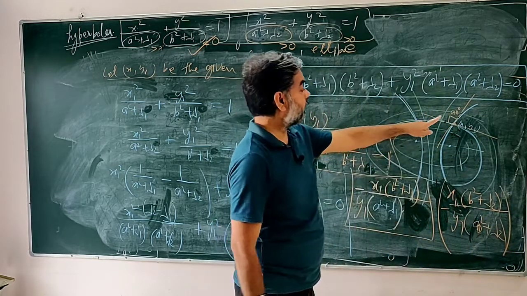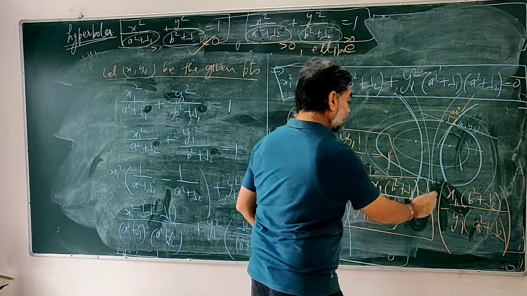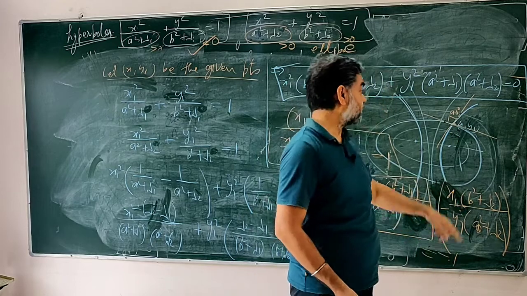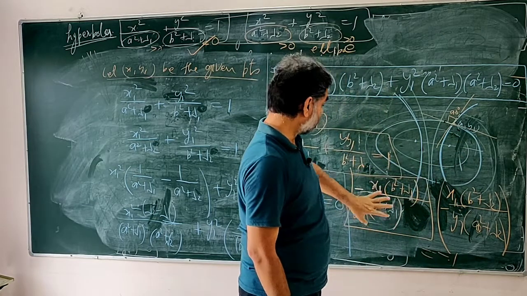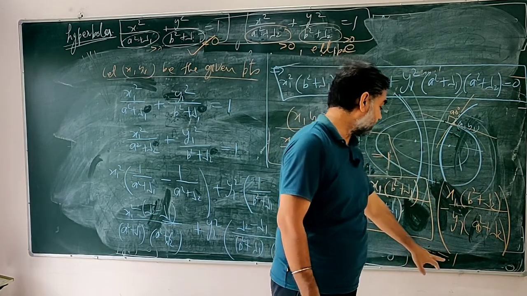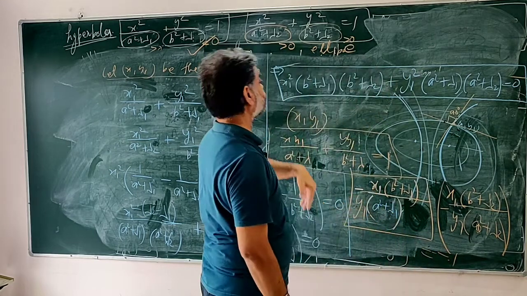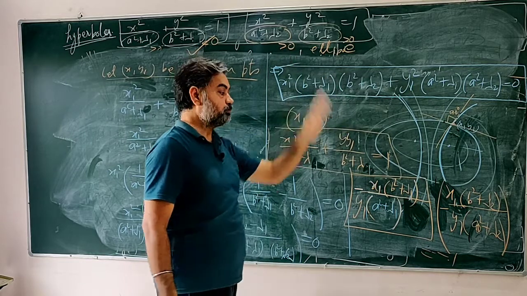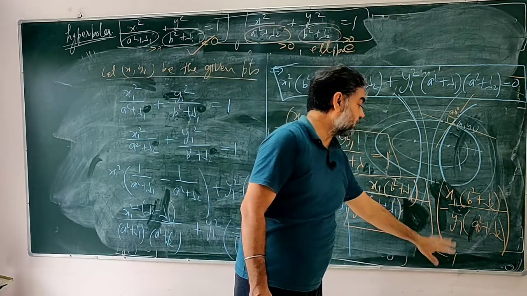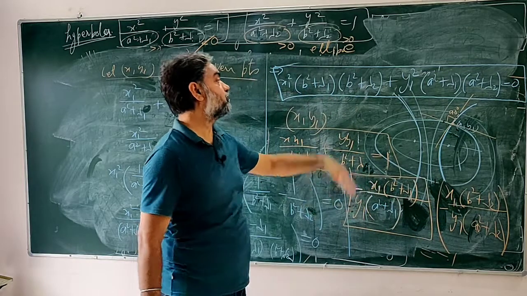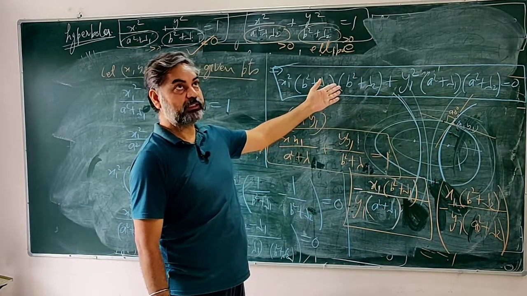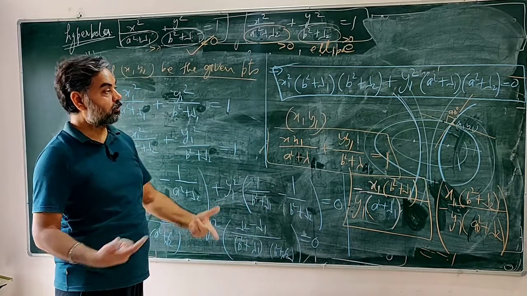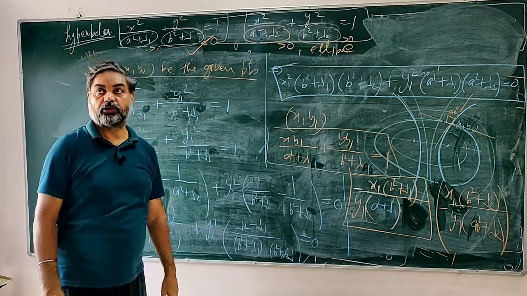These two would be perpendicular if the product of the slopes is equal to minus 1. If you open all the brackets, you will see that we have to satisfy the condition we already have. So we have proved that the two conics cut each other orthogonally.